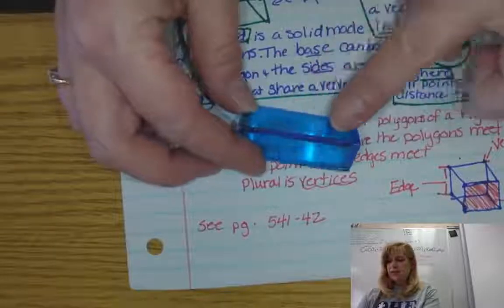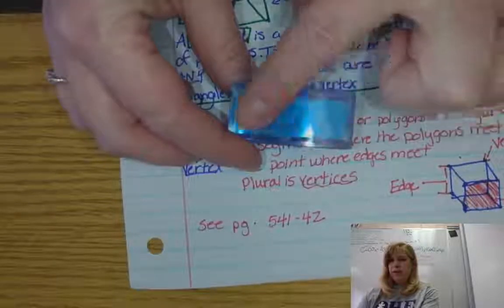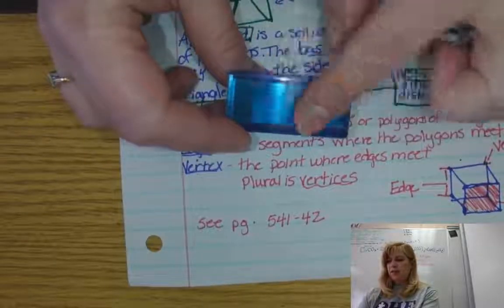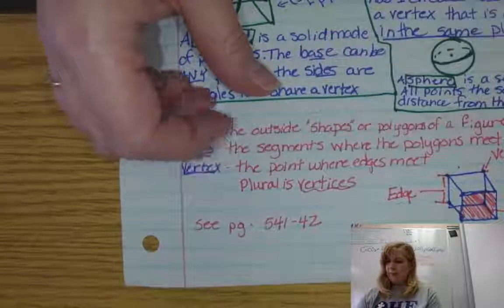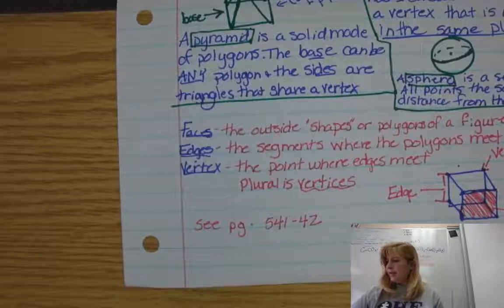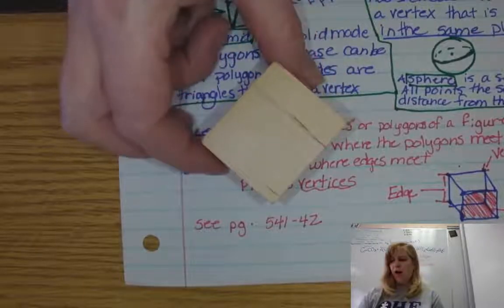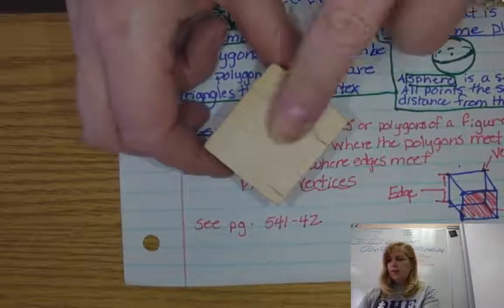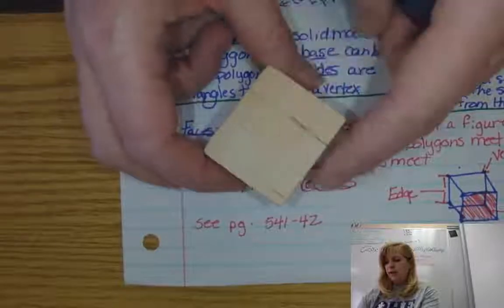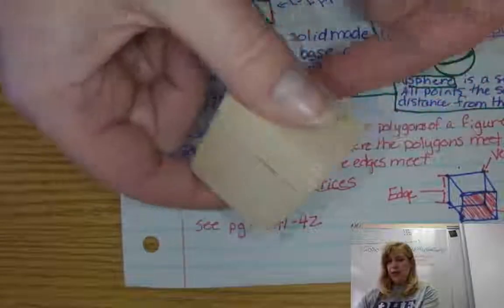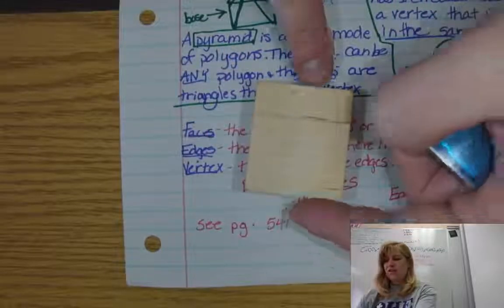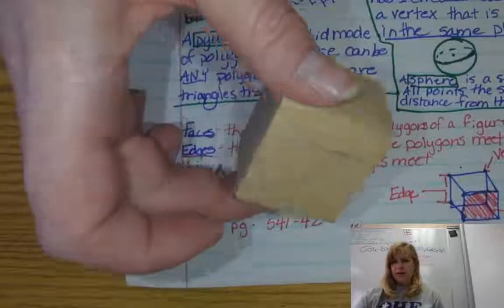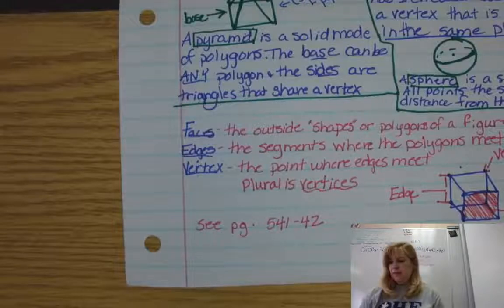This face is 3. This face is 4. And this is 5. So this has 5 different faces on it. And again, on this rectangular prism, they'll all be rectangles, but when we look at 1, 2, 3, and then the bottom being 4, all around there, 5, 6 faces.